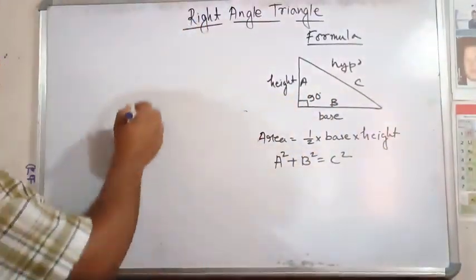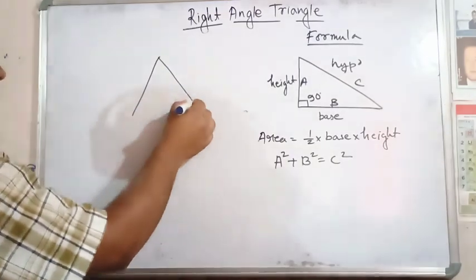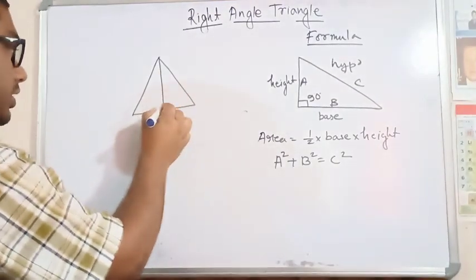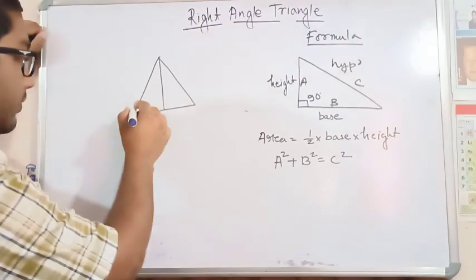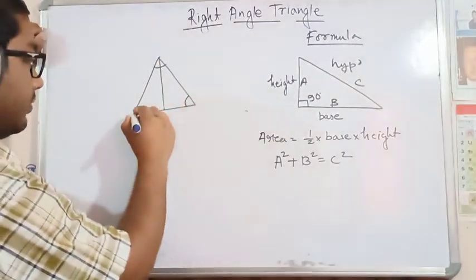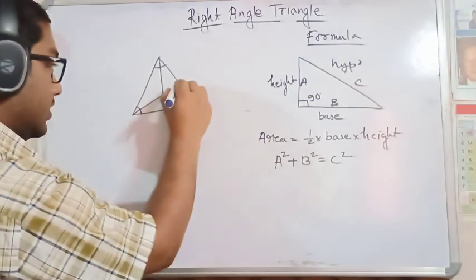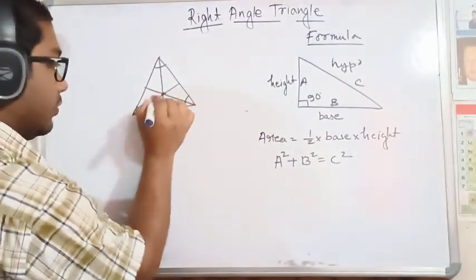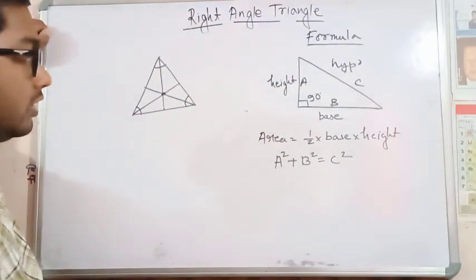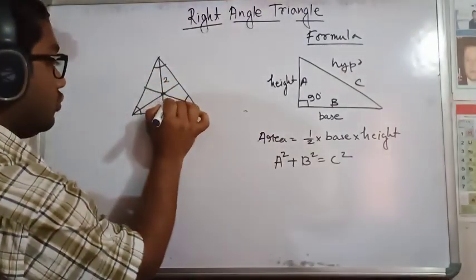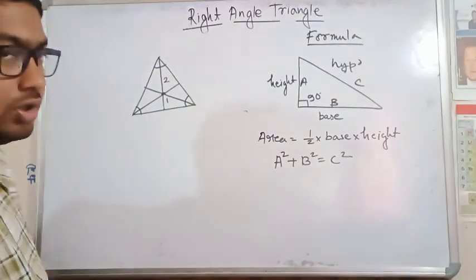And one more thing: in a triangle, if we draw the medians and the bisectors of the angles, we find a point. This point always divides each median in a 2:1 ratio.